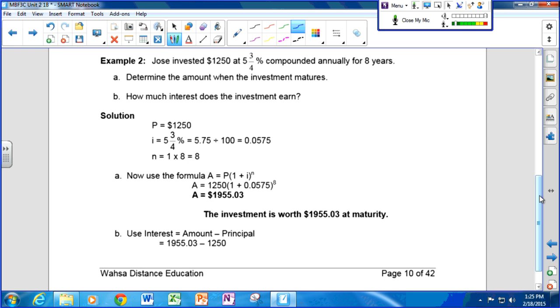A, determine the amount when the investment matures. So that's our formula: A equals P times (1 plus I) to the power N. B, how much interest does the investment earn? So that's I equals A minus P. That's the amount formula just moved around a little bit.